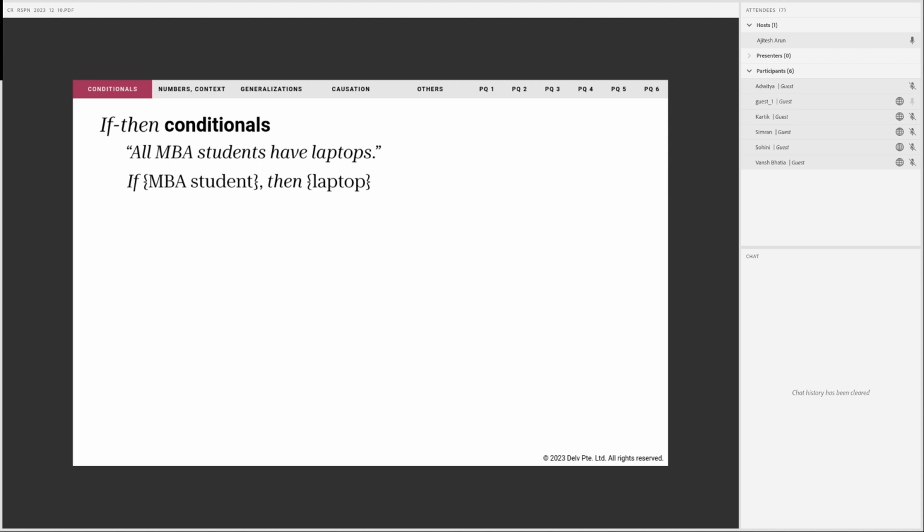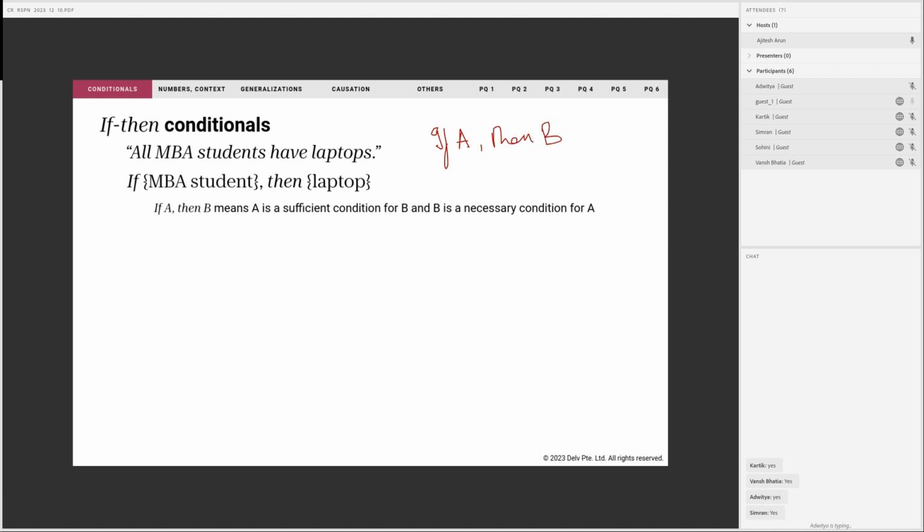Quick check. Are we comfortable saying that both these statements are pretty much the same? Absolutely. So we have two statements and they are pretty much the same. Whenever we say if something, then something else, we're looking at a statement in the form if A, then B. In this sort of statement, this part you can refer to as the antecedent, and this part you can refer to as the consequent.